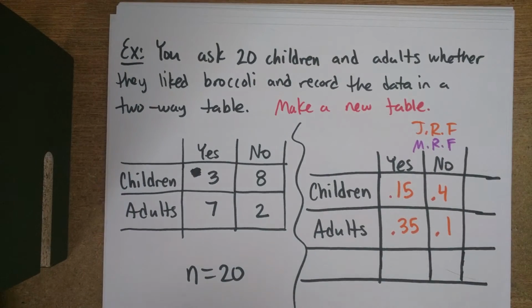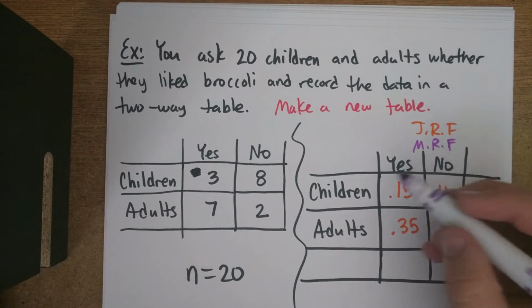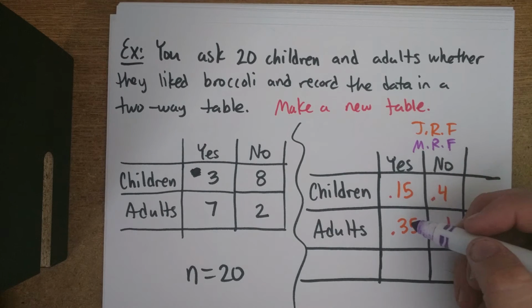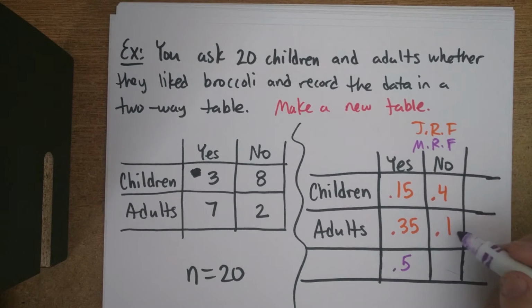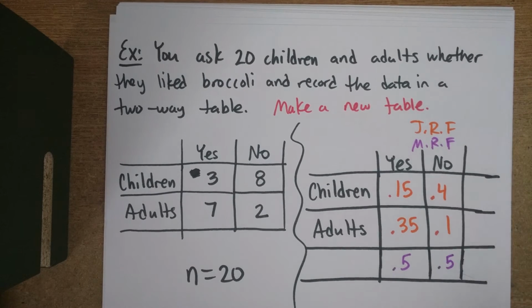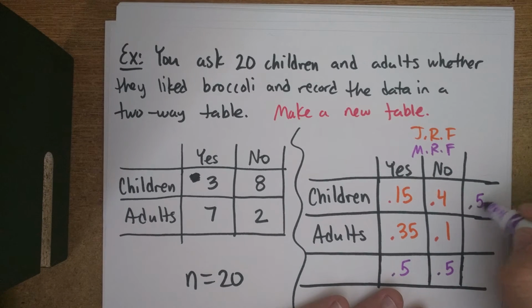It's pretty easy. And let's go ahead and find the marginal relative frequency. All you do to find a marginal relative frequency is add up every row and column. It's that simple. 0.15 plus 0.35 is 0.5. 0.4 plus 0.1 is also 0.5. And then let's do each row. 0.15 plus 0.4 is 0.55.